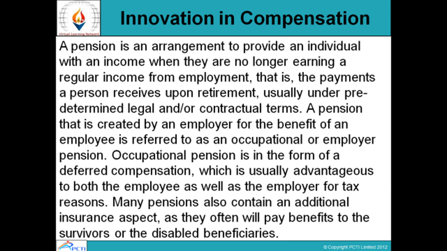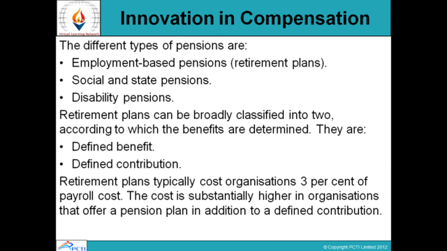Many pensions also contain an additional insurance aspect, as they often will pay benefits to the spouse or the disabled beneficiaries. The different types of pensions are employment-based pensions, that is the retirement plan, social and state pensions, and disability pensions. Retirement plans can be broadly classified into two categories according to which the benefits are determined.